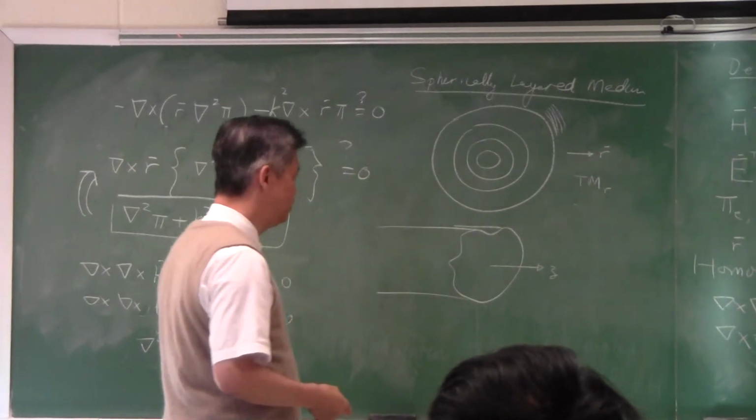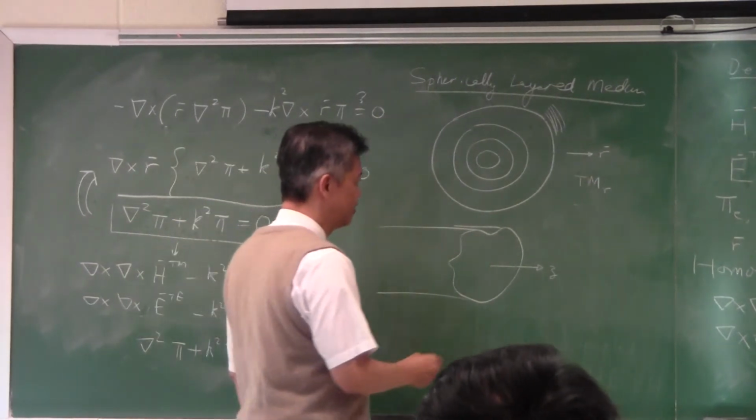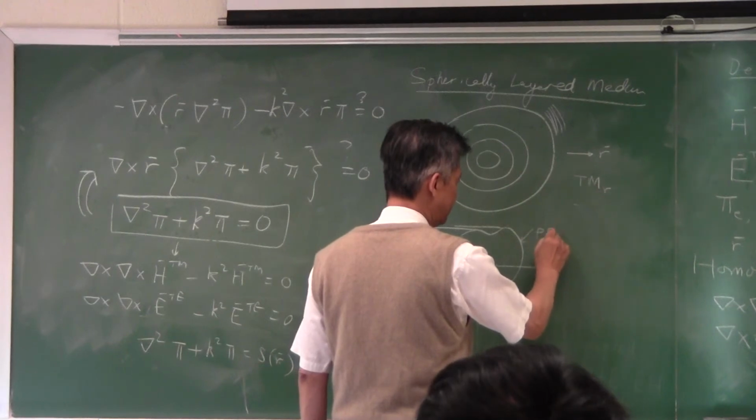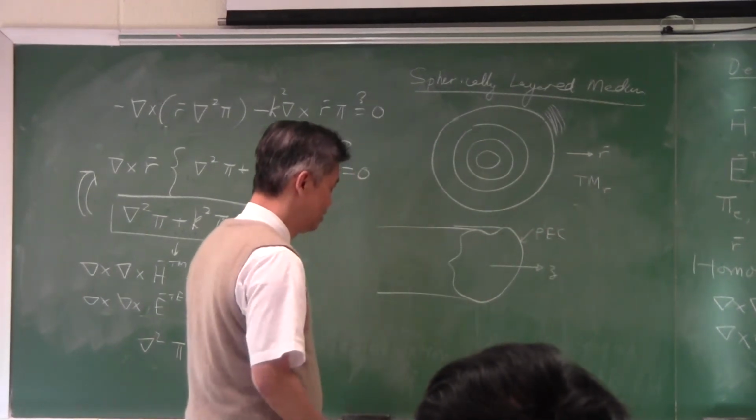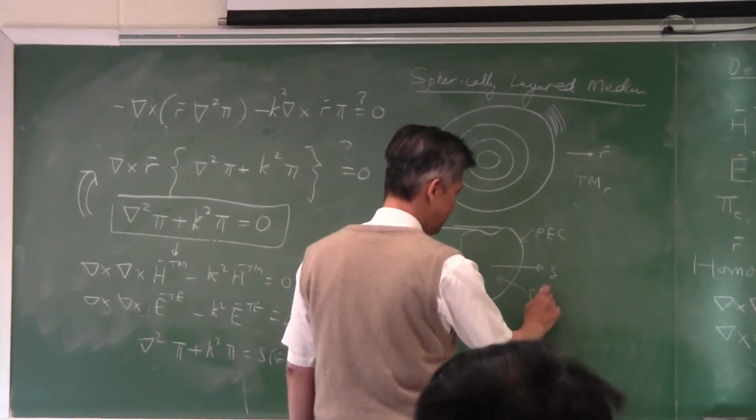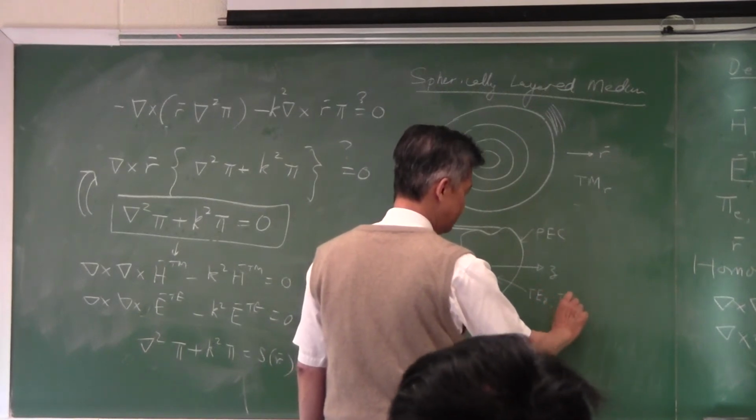It turns out that the field inside a PEC waveguide, a perfectly electric conducting waveguide, can be decomposed into TE to Z and TM to Z.